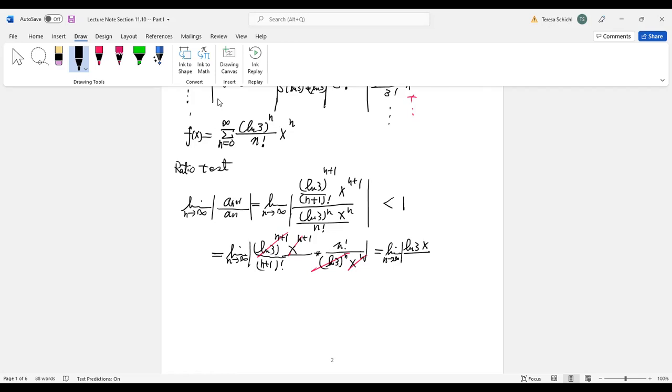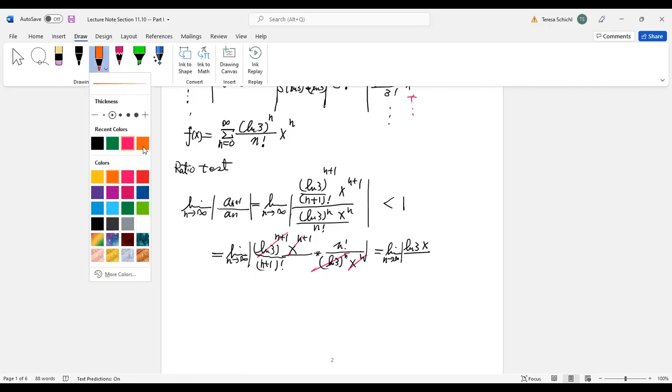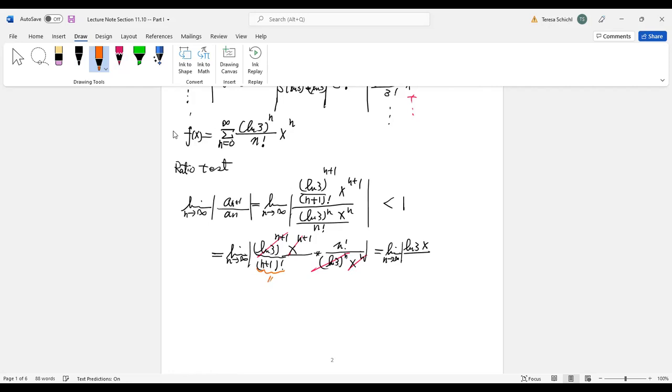So what is n plus 1 factorial? We said with a factorial, the ratio test is super good, right? So n plus 1 factorial is n plus 1 times n factorial, right? So this one can cancel. So what do you have here? You have n plus 1, okay?